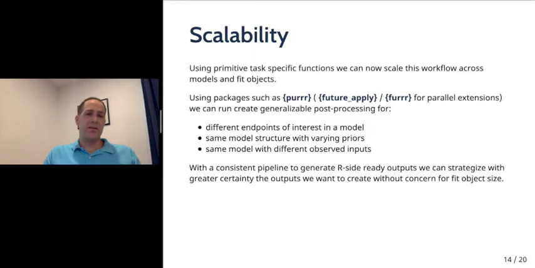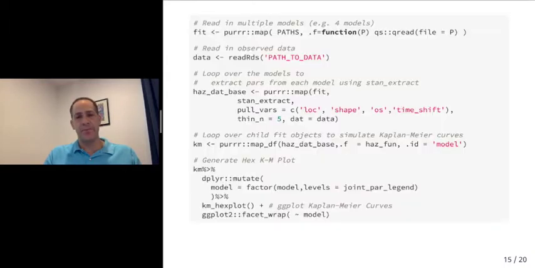You can create a consistent pipeline that is model agnostic to generate R-side ready outputs. So we can now strategize with greater certainty the different outputs we want to create, so we can better communicate to stakeholders the different outputs of models and comparison of different models that we're running.